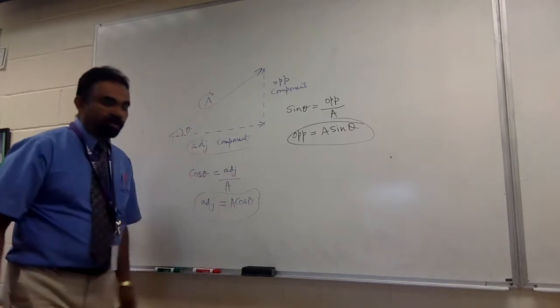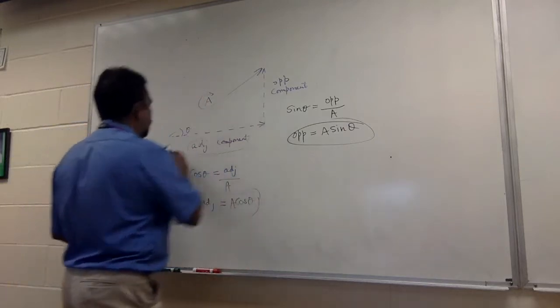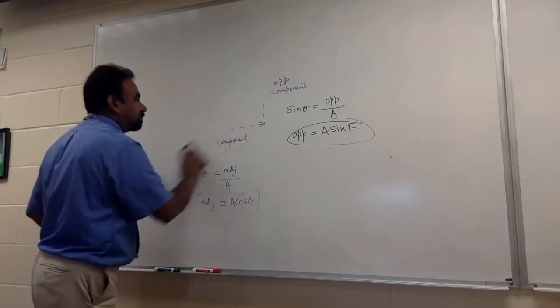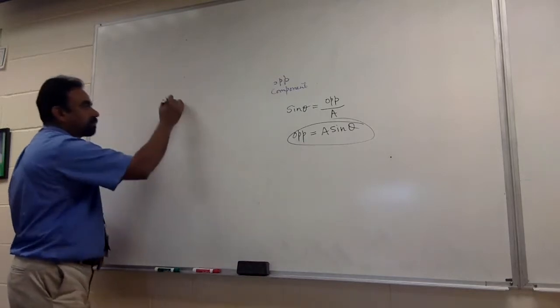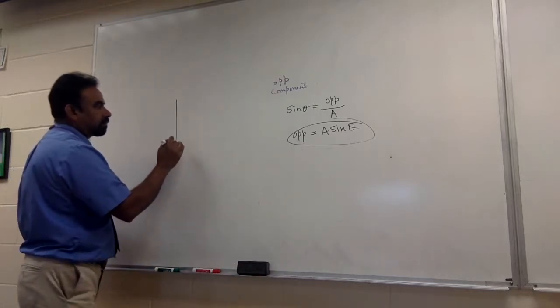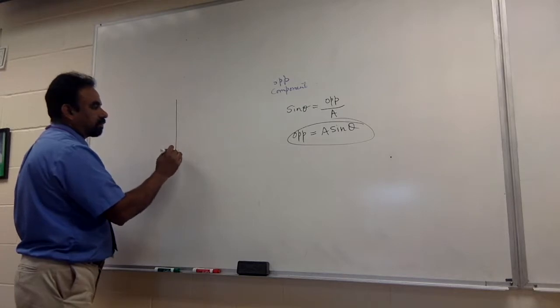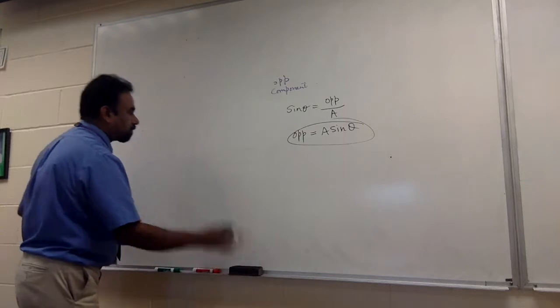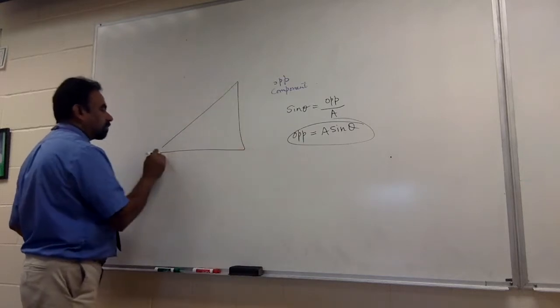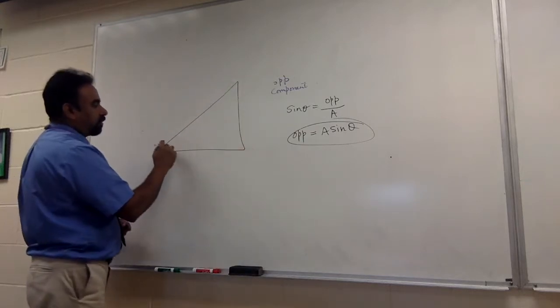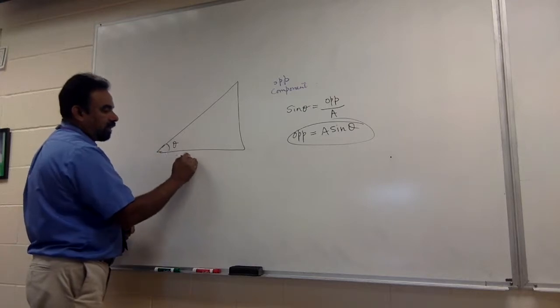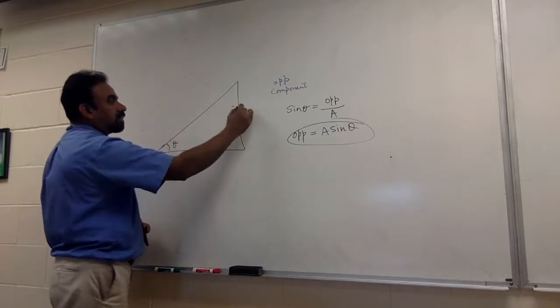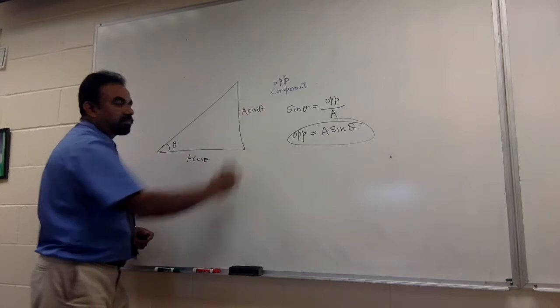So we have the two components. This is A cosine theta and that is A sine theta.